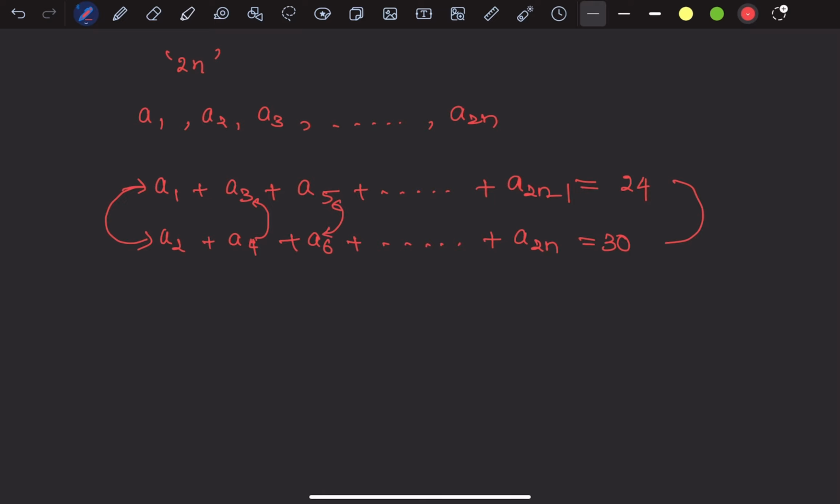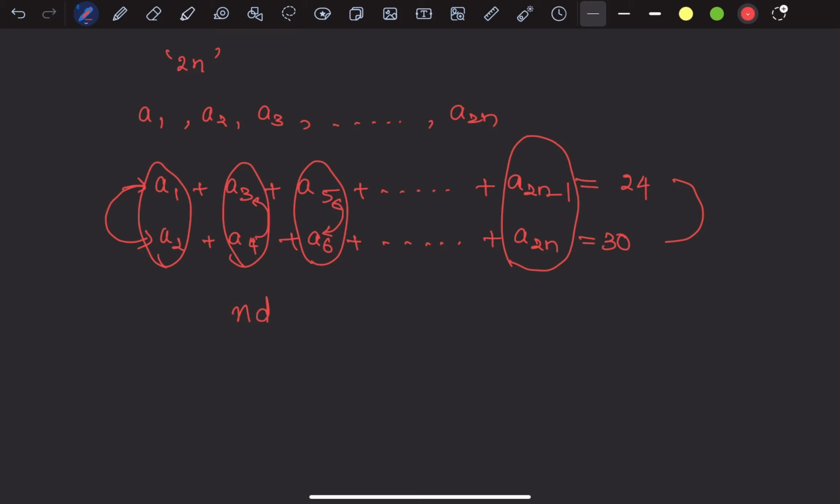Therefore, if you subtract these two equations, you will get n times d. There are a total of 2n terms, so there will be n possible combinations like this. So nd will be the difference, that will be 30 minus 24, which is 6. nd is equal to 6.